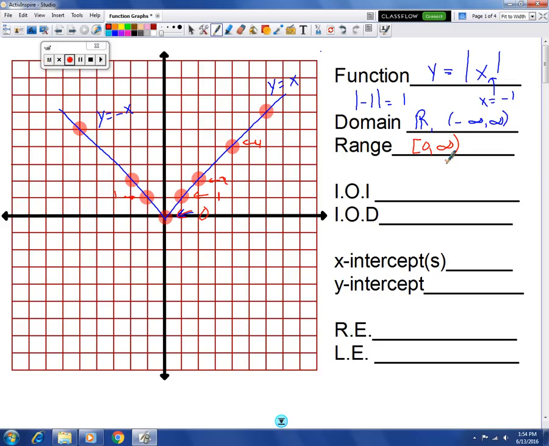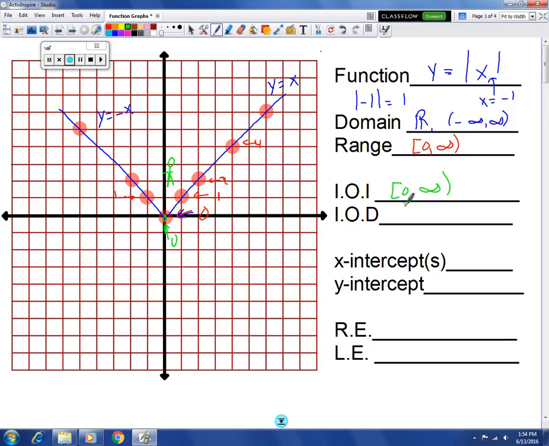Interval of increase, okay? The right side of this graph is increasing, and the left side is decreasing. So we start here at x equals 0, and go to the right, the graph will be increasing. The interval includes 0 because the slope is 0 there.